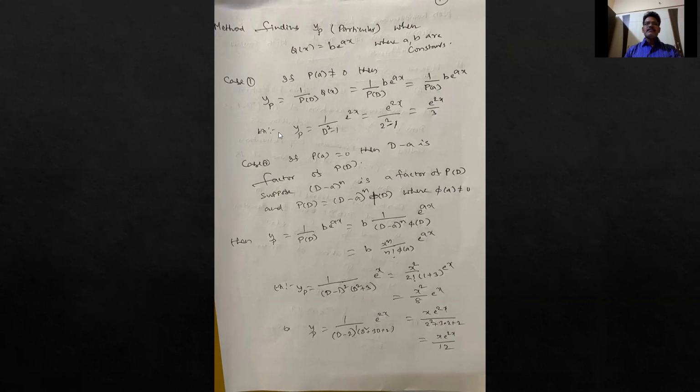For example, yp = 1/(D^2 - 1) e^(2x). Here a is 2; substitute it. It is not 0, so the answer will be e^(2x)/3.